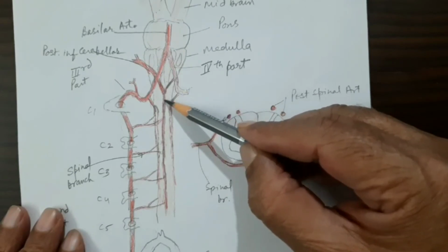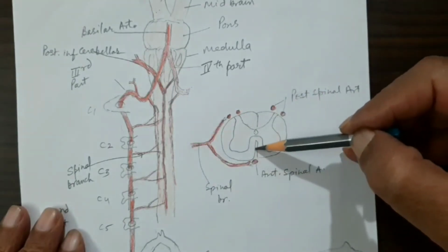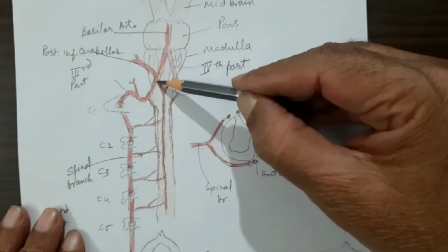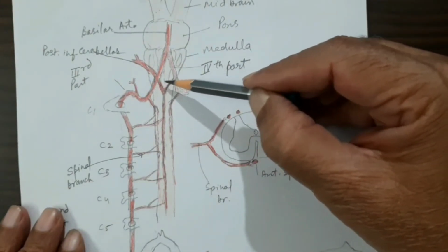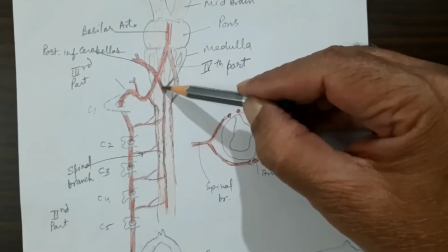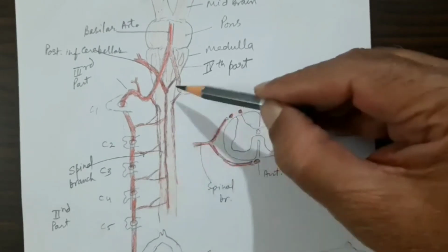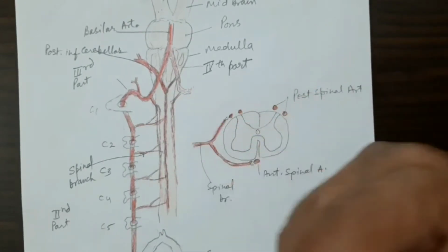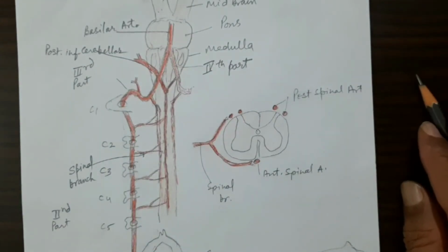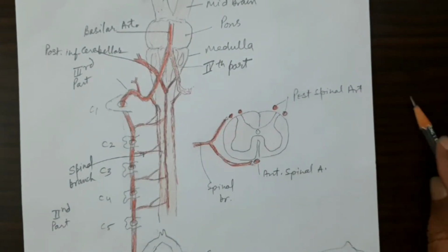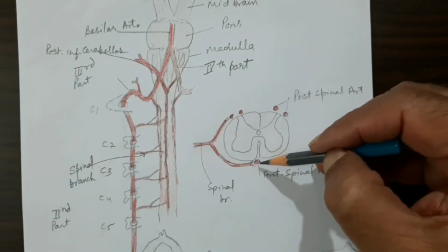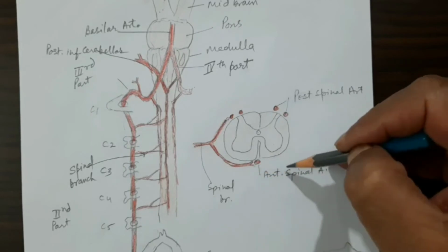And this anterior spinal single artery, running in front of the spinal cord or in the fissure, is formed by branches arising from the right and left vertebral arteries, and then it runs in front first of the medulla oblongata and then of the cervical part of the spinal cord. So this is how the spinal branch anastomoses with the anterior spinal artery at each level from right and left side.